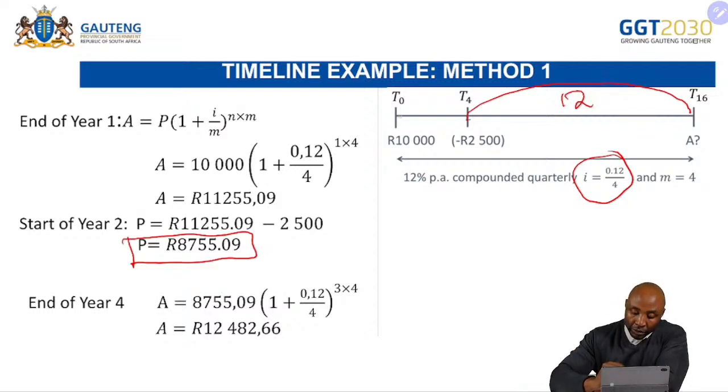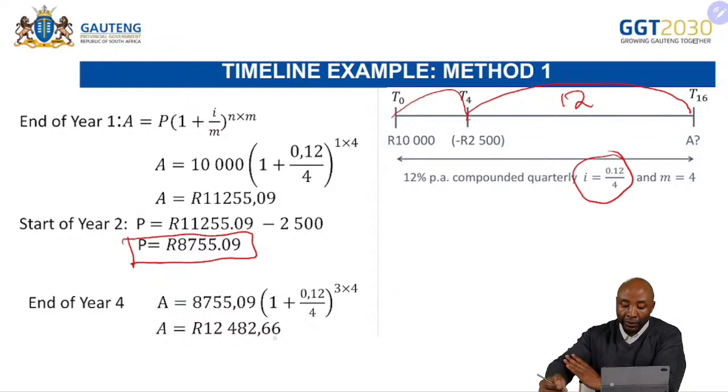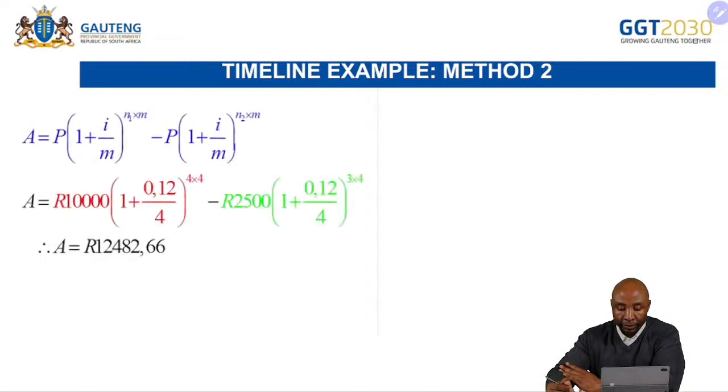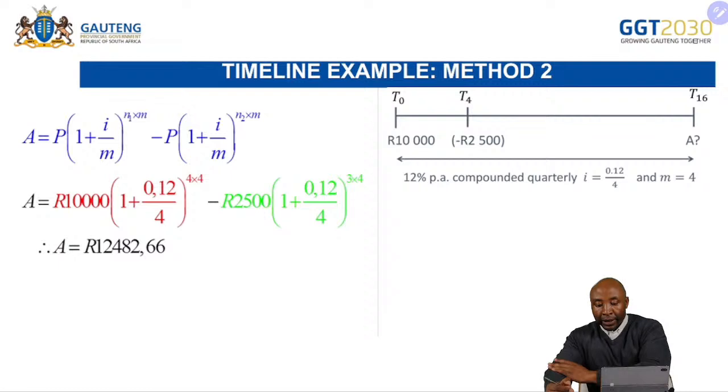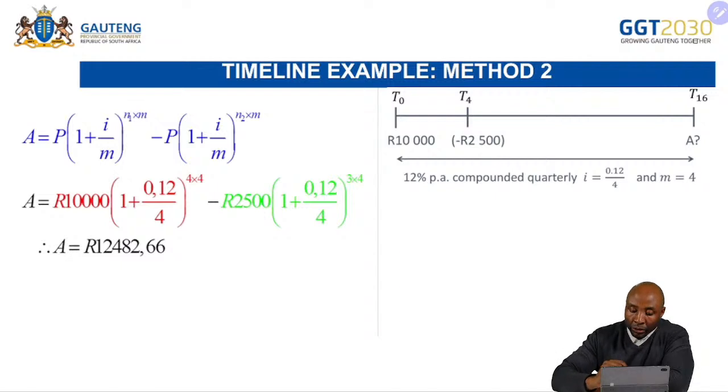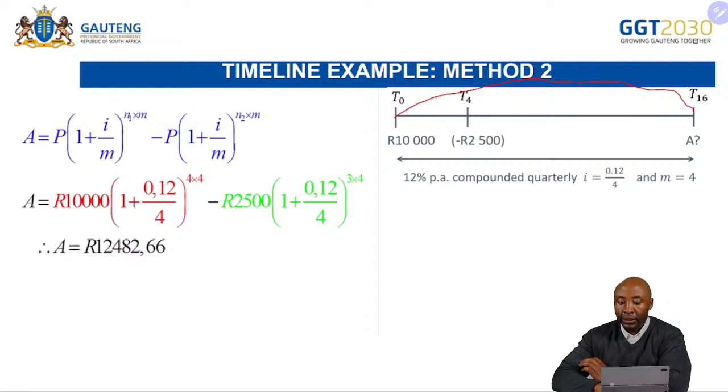So we said we first of all calculated the A for the first year, did the withdrawal, and then had the principal amount, which gave us 12,482.66 as the final amount that will be in the account at the end of the 4th year. Now, method 2, we are having our timeline like that, but we make sure that we pull everything to the end of the period.